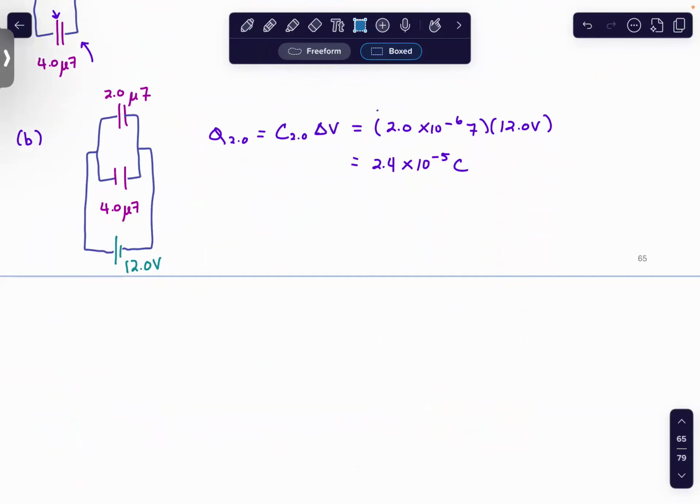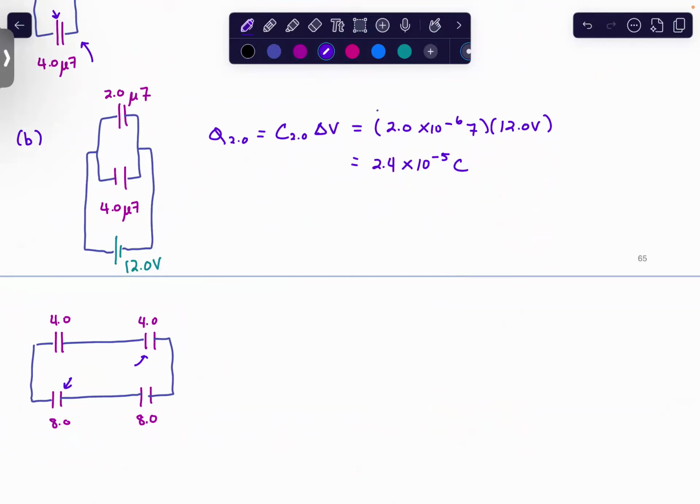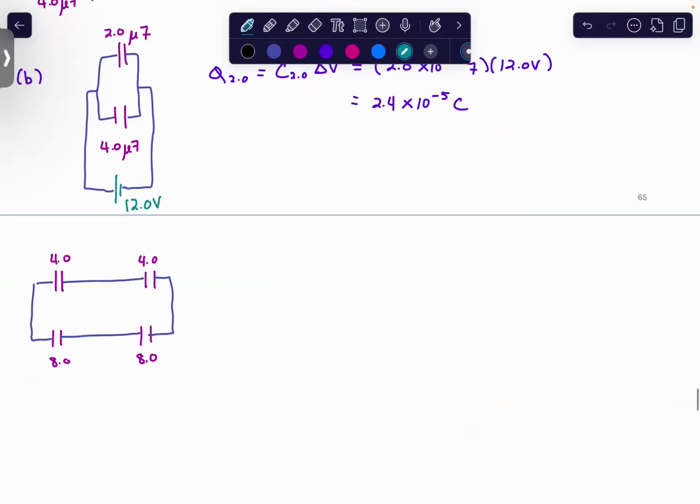I have the charge for the top. The two in parallel have the same delta V. Let's also remember that as we space this back out. Again, I'm only worried about the top, because that's where that 3 microfarad capacitor is going to be.